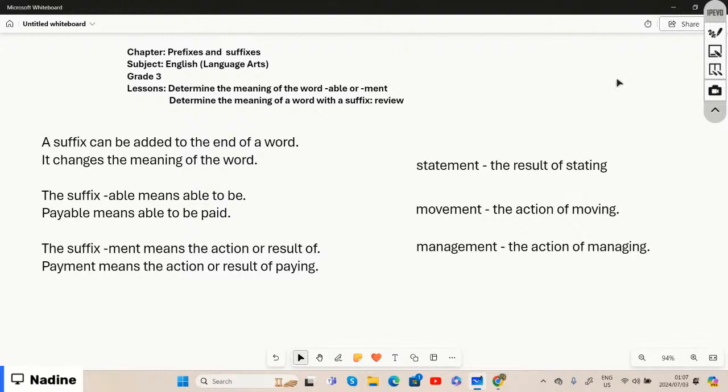Once again, a suffix is added to the end of a base word.